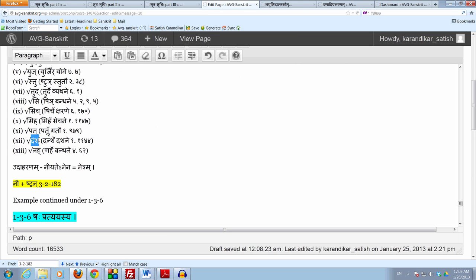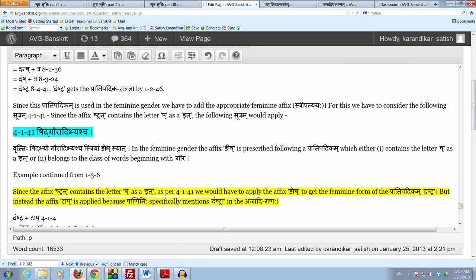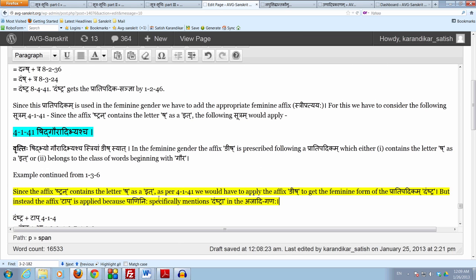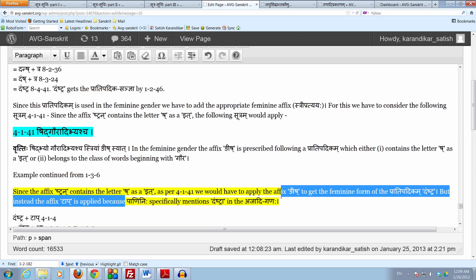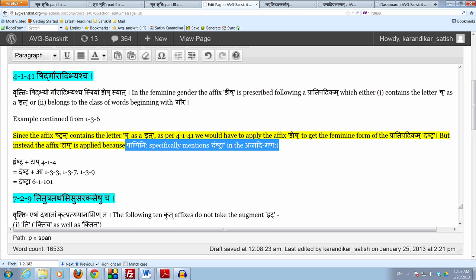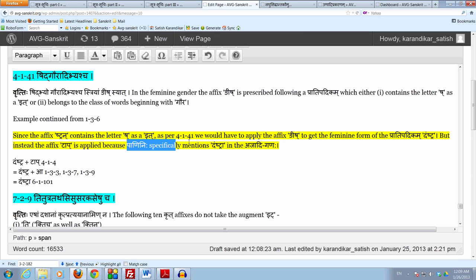And the reason for that, as we will see in detail a little bit later, is that in the ajadi ganaha, Panini specifically mentions the pratipadikam damshtra. So that clearly shows that when we add this affix strun, there is no elision of the nasal of damsha. We will derive this form damshtra in detail a little bit later on, and at that time we'll see that damshtra is mentioned specifically in the ajadi ganaha, and that obviously ends in the affix strun, and there is no loss of nasal.